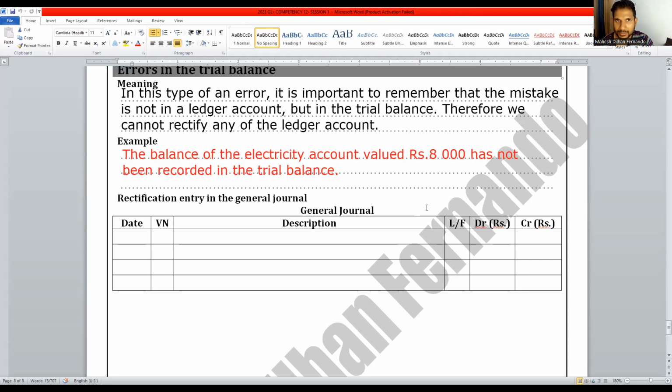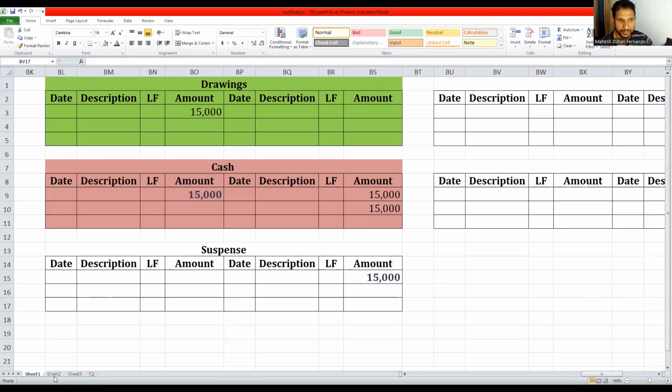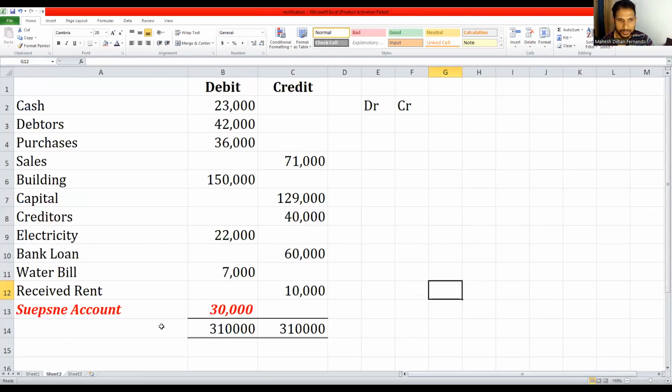Let me prove it. Give me a minute. Let's put some value. We gave electricity in the trial balance. What was the mistake?